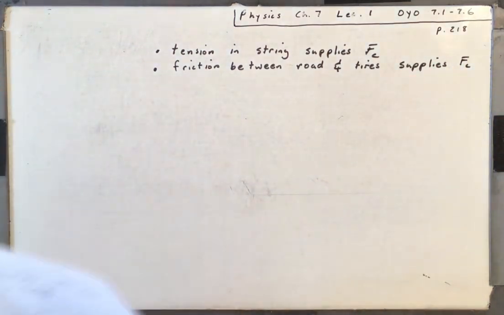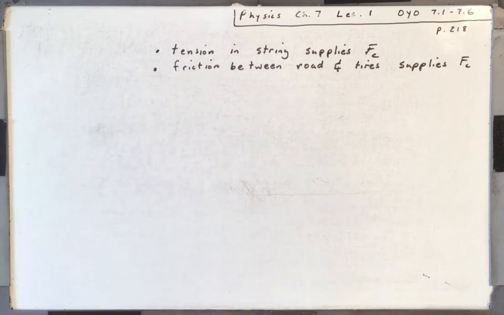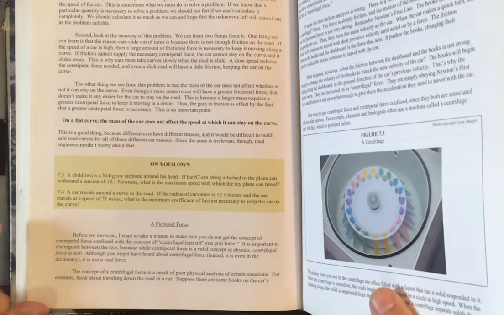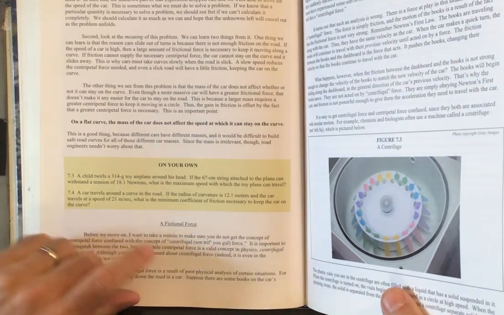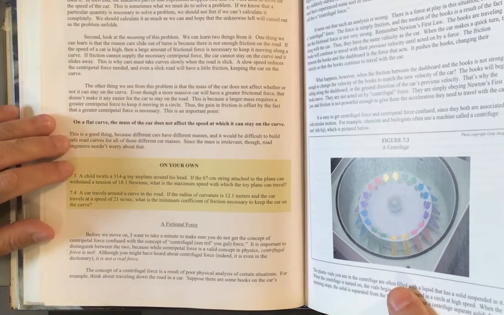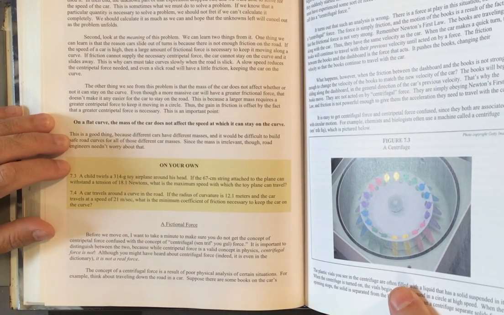All right, so let's work a couple of problems dealing with a twirling object on a string and a vehicle going in a circle. Okay, 7.3 on page 228 says a child twirls a 314-gram toy airplane around his head.